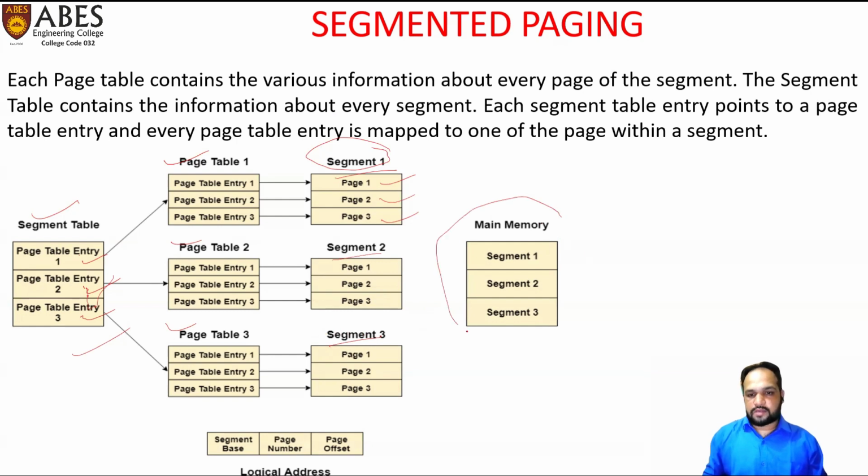Inside the main memory, we store different segments, which can be accessed as per the requirement. And the logical address is stored as the base segment address, page number, and page offset. On the basis of all those, we can easily access the segment.